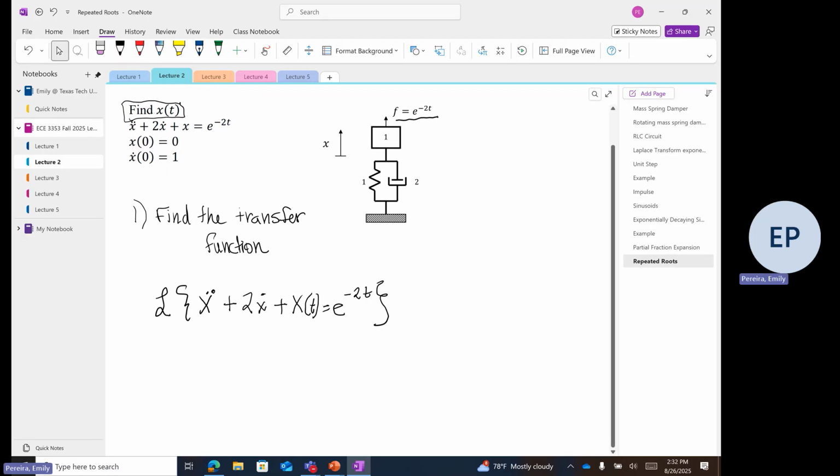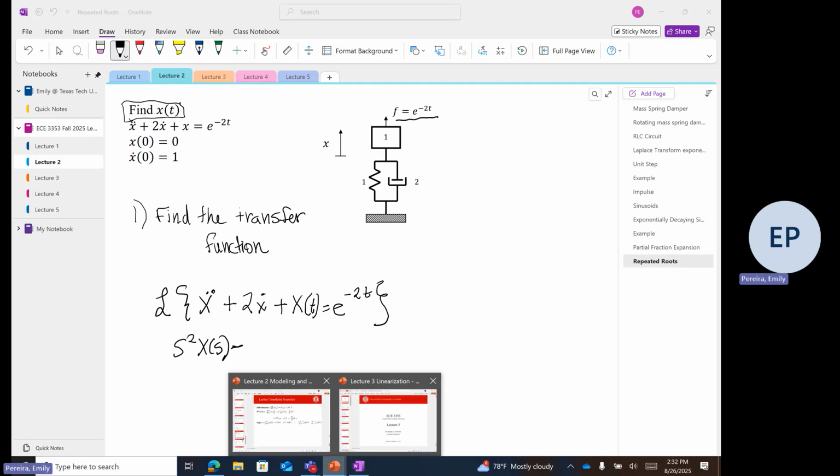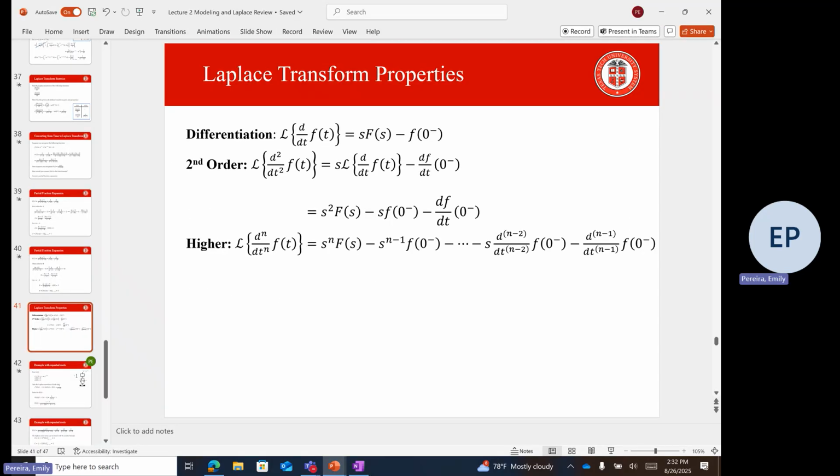Okay, so if we take the Laplace transform of the second derivative, this is s squared times x of s minus our initial condition. So let's go back to this: minus s times f of 0.